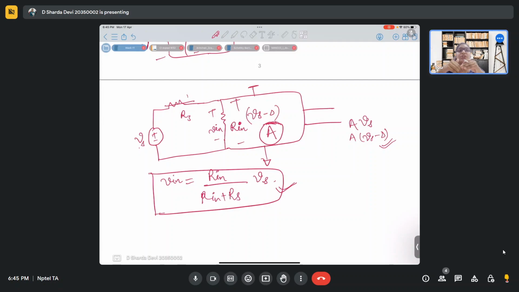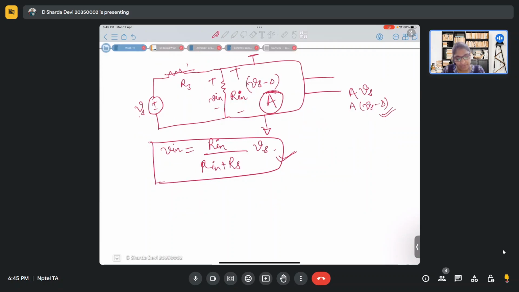So what you can do to improve, if you observe this formula very carefully, is make Rs much lesser than Rn. Then Rn plus Rs is almost equal to Rn, and my Vn will be almost equal to Vs, so I can get maximum voltage across my amplifier.